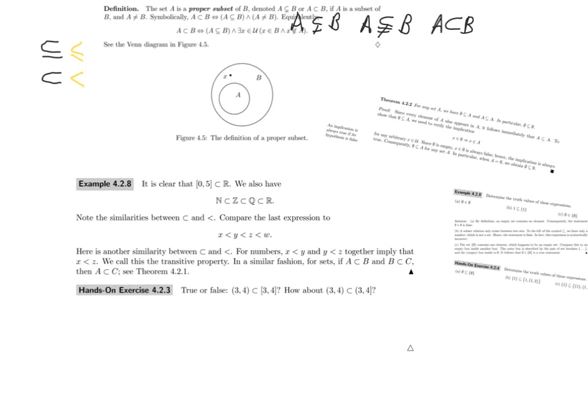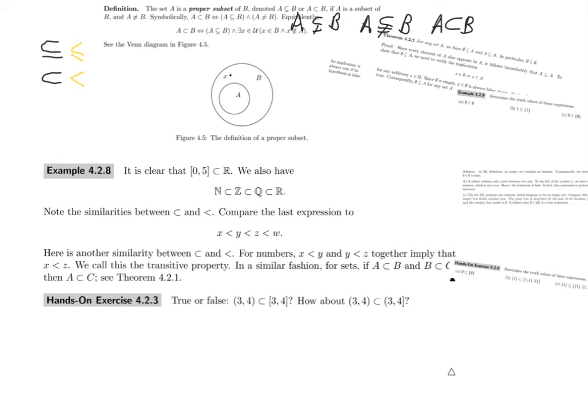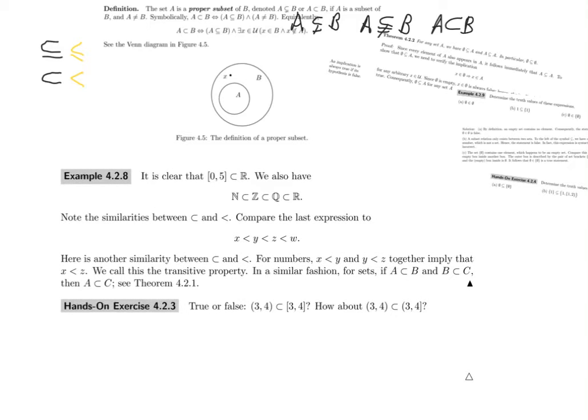Let's look at a quick example. The interval [0, 5] is definitely a proper subset of the real numbers because we don't have all the real numbers in this set. There's a lot of them missing. In fact, these major sets that we've talked about before have this proper subset relationship.